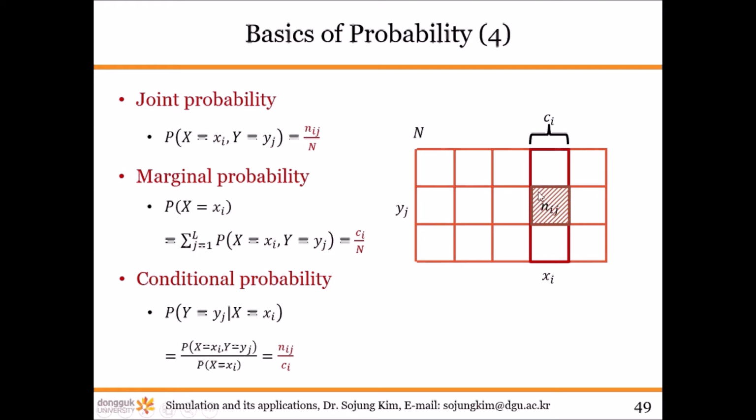So in order to calculate that probability, basically you need to divide this nij by ci, right? So if you reuse the marginal probability as well as joint probability in this equation, definitely we can get the same result.